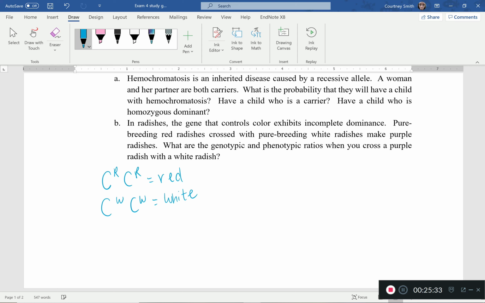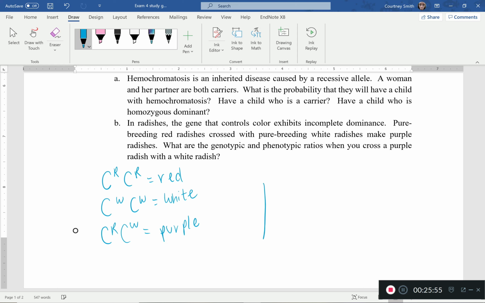And then it said that whenever you cross these two, you'll get a purple radish. So meaning that if you have one from mom, which is red, and one from dad, which is white, you will get a purple radish.